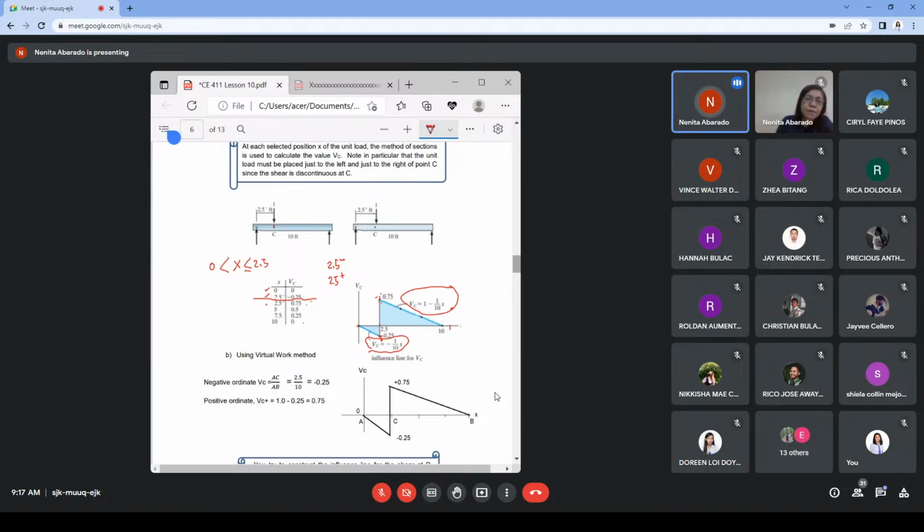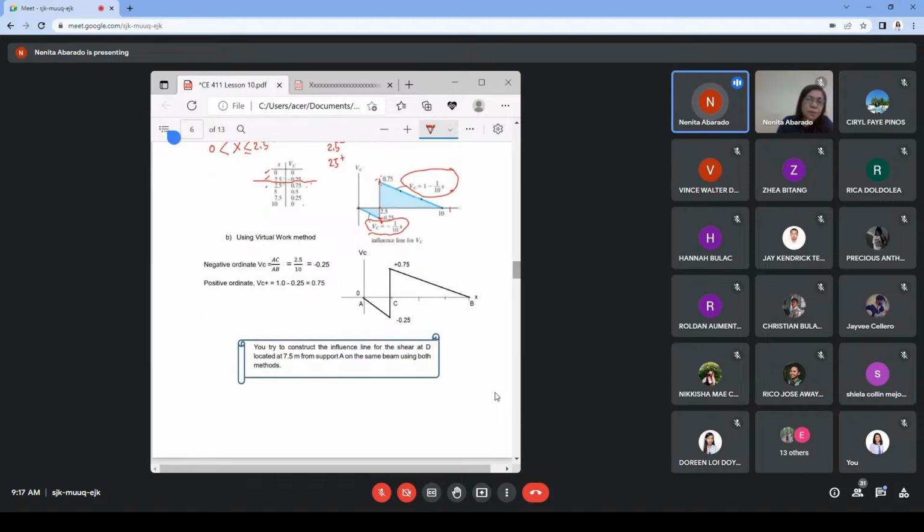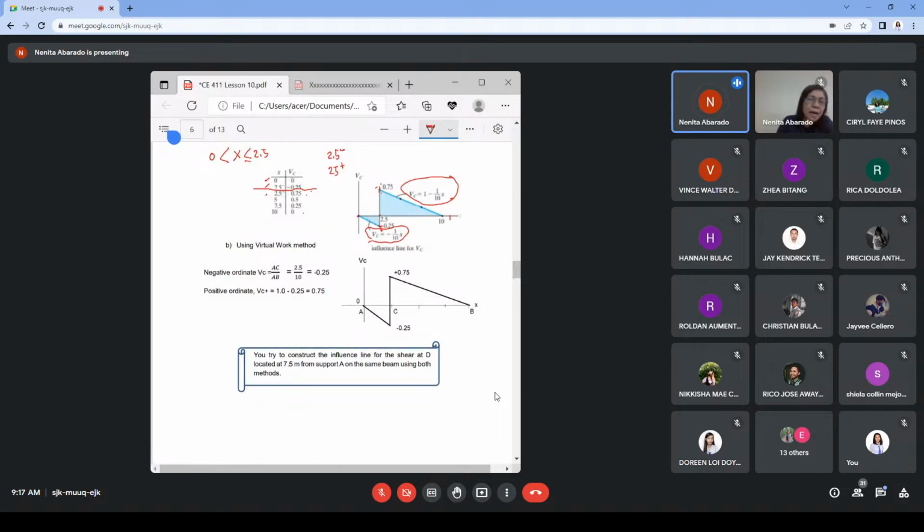If we are going to use Mueller's law, that is all you need to remember. You no longer need equations or tables. Remember this: for B sub C, we directly get the negative ordinate of the shear at C. It is AC over AB, the distance from support A to the point over the span AB.